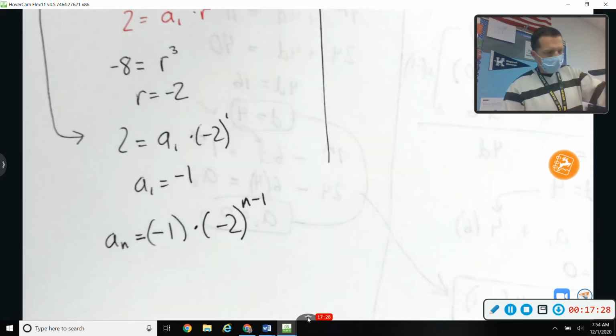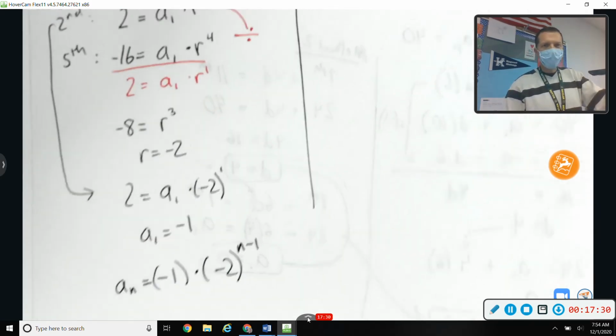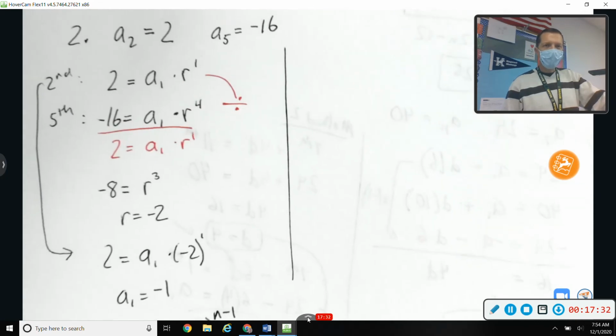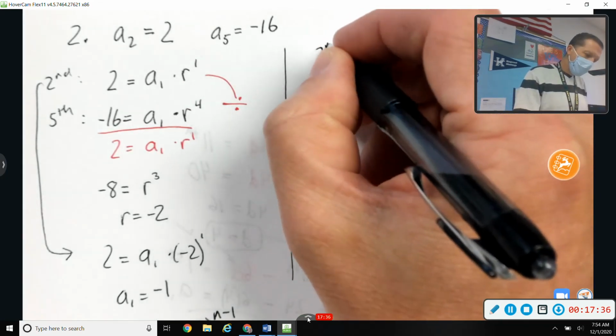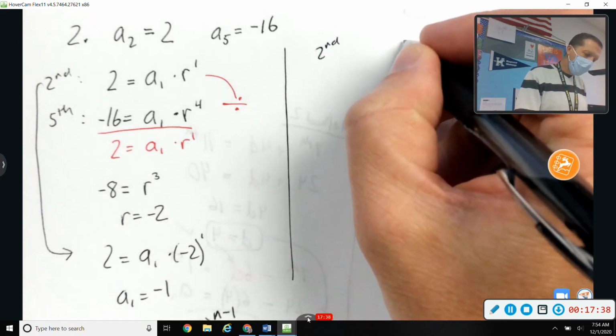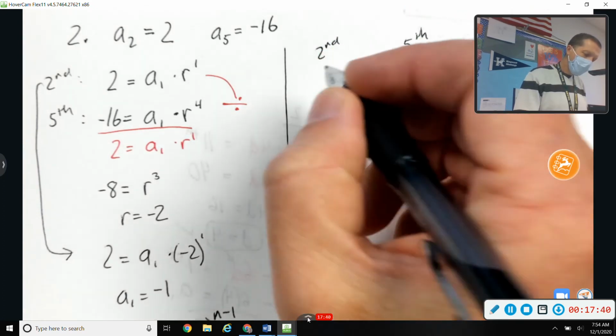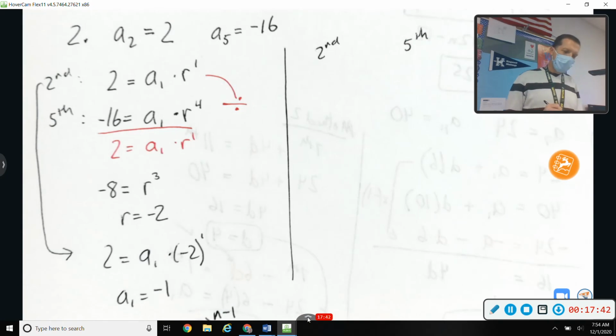All right, back up. Let's do method 2 for those that have a little more intuitive feel of what's going on here. To get from the second term to the fifth term, how many times do I need to multiply by R if I'm going from step 2 to step 5? That's 3 steps.